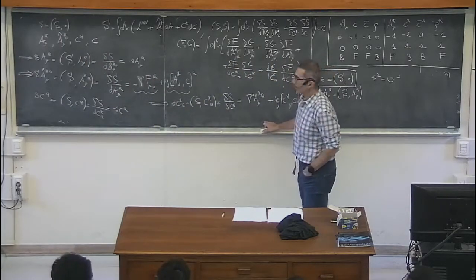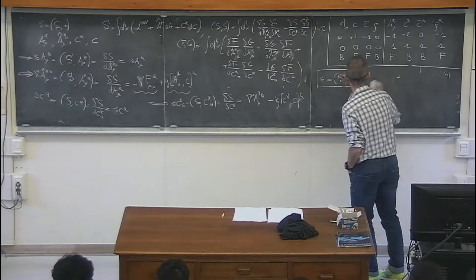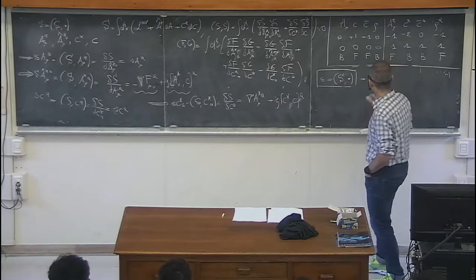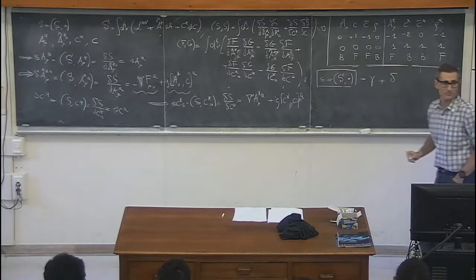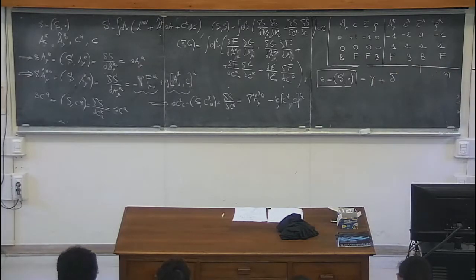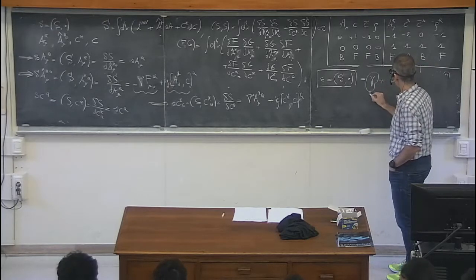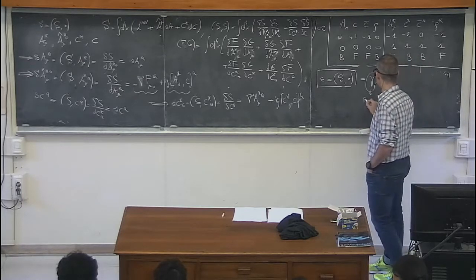The way this is constructed is the following. This operation S can be decomposed into two operations. The first operation is usually called gamma, and the second operation is called delta. This operation gamma here is now renamed as the BRST symmetry.